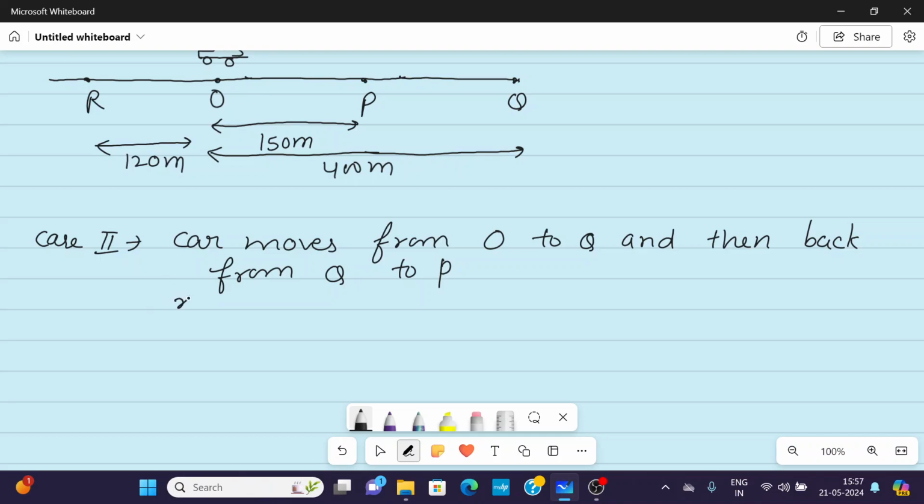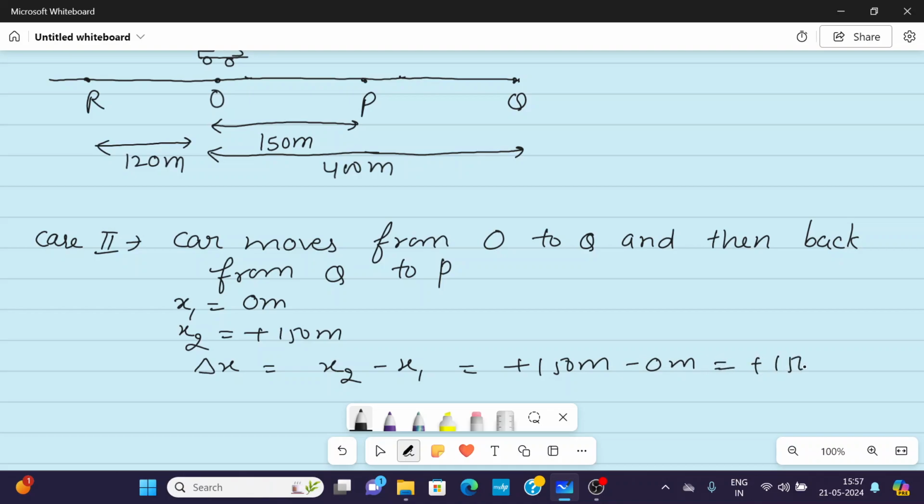So x1 is 0 meter and x2 is plus 150 meter, and the displacement here is x2 minus x1, final position minus initial position, which is plus 150 meter minus 0 meter. So it will come out to be plus 150 meter. Displacement in this case also is plus 150 meter.